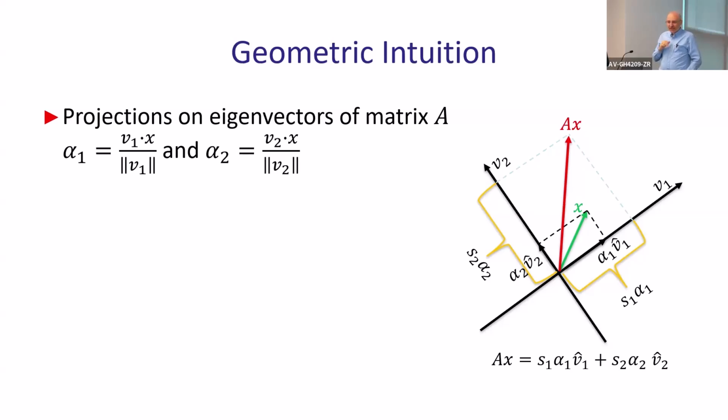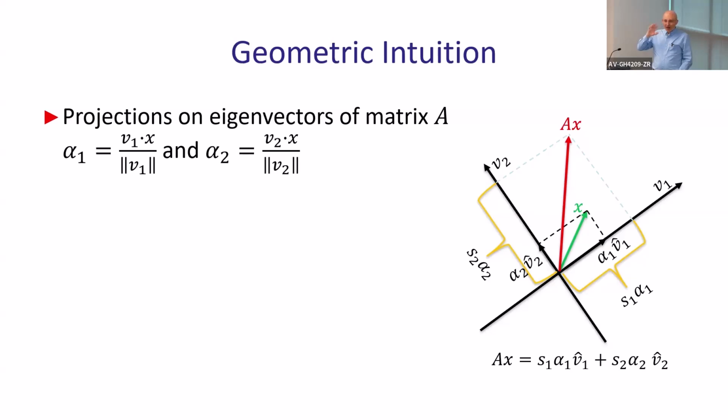And the idea is that these are just projections. If you remember, projection onto that vector would be the dot product between the vectors divided by the norm of the vector. Remember that part? How you project one vector onto another vector? So you have these formulas here also, for how you compute alpha 1 and alpha 2. You are just doing the dot product between V1 and your vector, divided by the norm of V1.